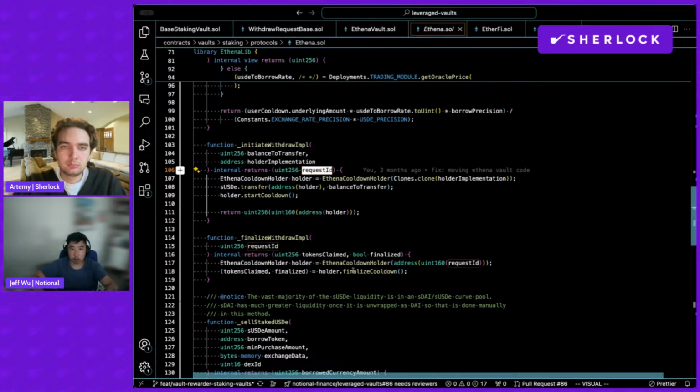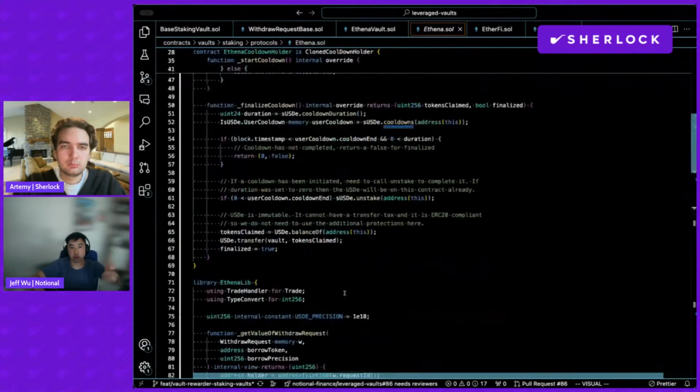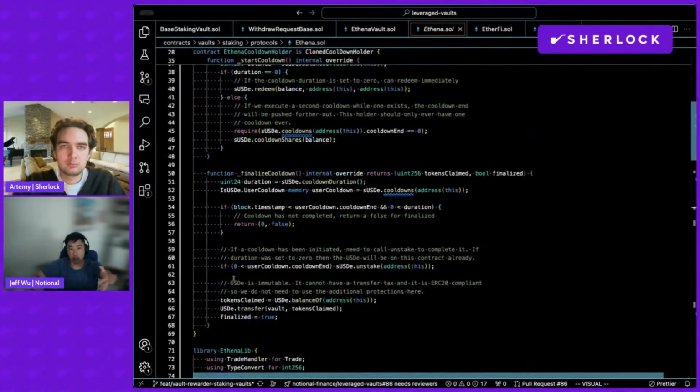And then when we come back through here, we're going to call that holder and get, when it's able to fully cool down, when the cooldown is completed, it's going to transfer the USDE back to the vault.